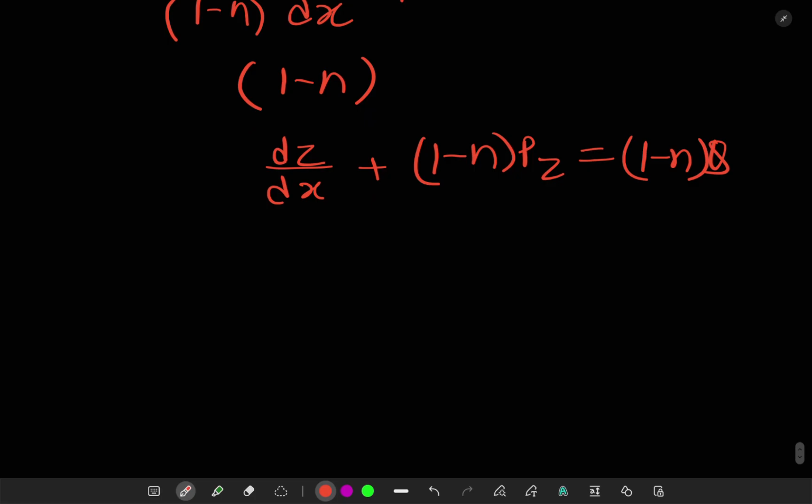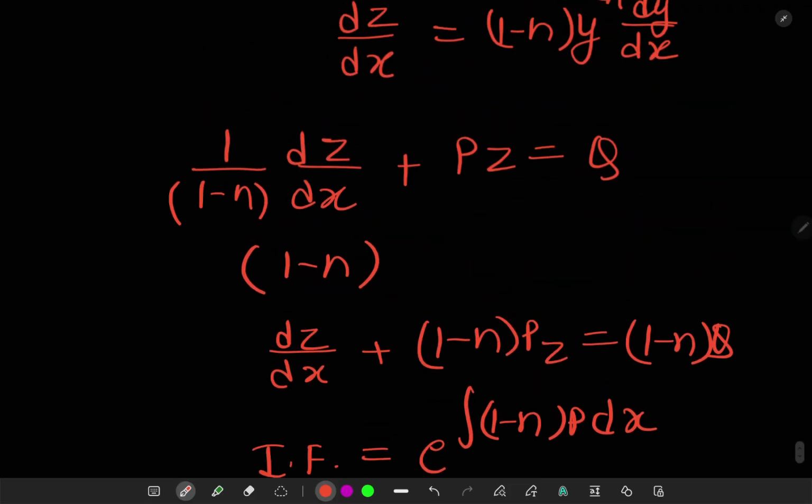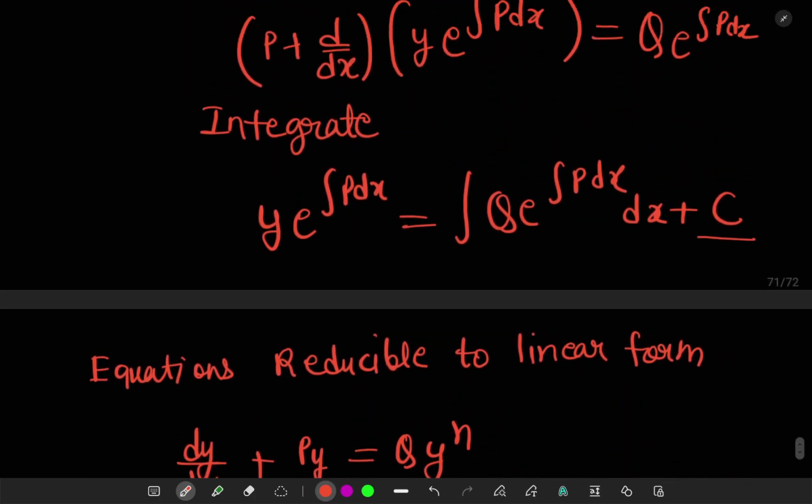Here we can use the integrating factor equal to e raised to integral 1 minus n p dx. Now similarly we can solve this equation using this method.